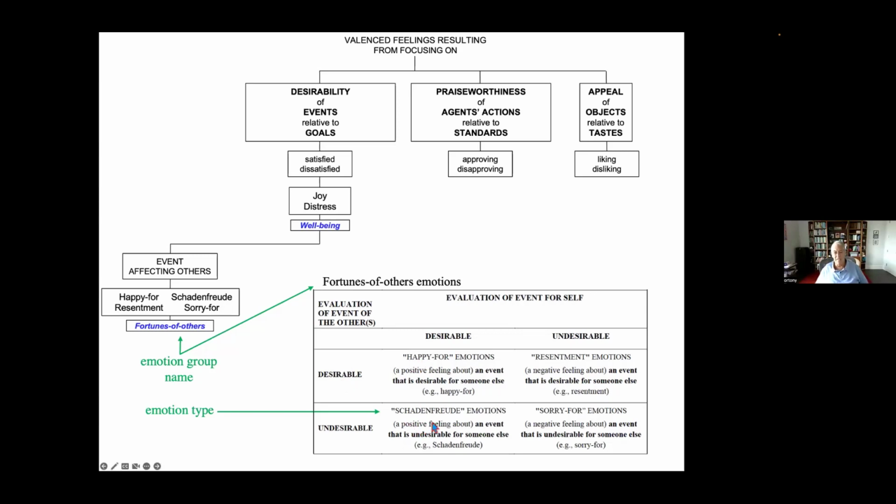In the case of Schadenfreude, I believe that what happened to this other person will be judged to be undesirable for them, and I like that fact, it's desirable for me. But I'm not defining Schadenfreude here, I'm defining a positive feeling about an event that is undesirable for someone else. Okay, Schadenfreude is a good word for that.